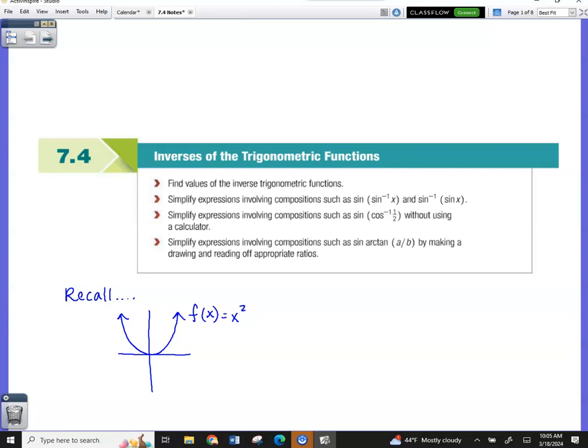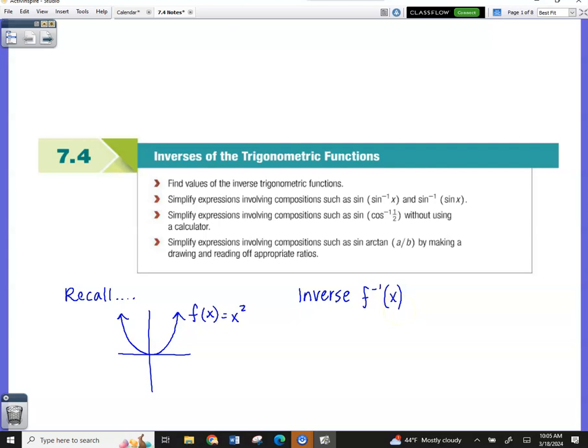And now we're going to refresh your memory on what was called the inverse of a function. The inverse meant you took x and y and you switched them, and then you solved for the new y, and then you wrote the function. The fancy notation for inverse was f little negative 1. Remember that?